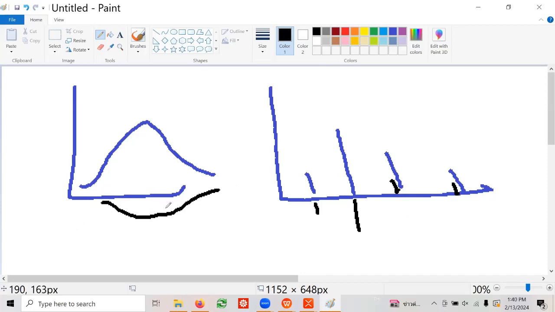Likewise, you can think of this black line here as my wave function, because when you take the square, it gives you the probability distribution. You square this black one, you get this blue, and so on for each one. Does that make sense?